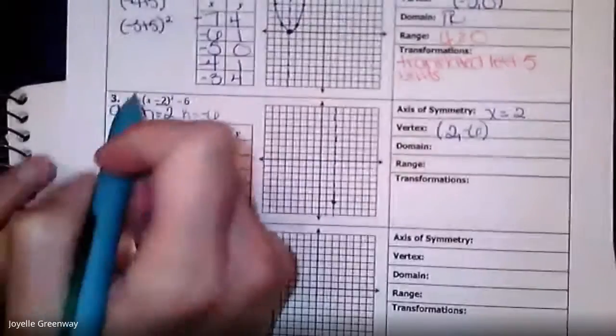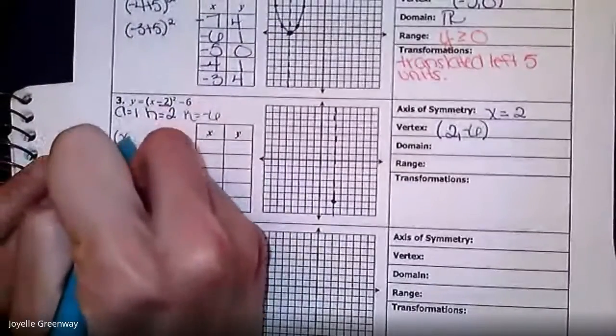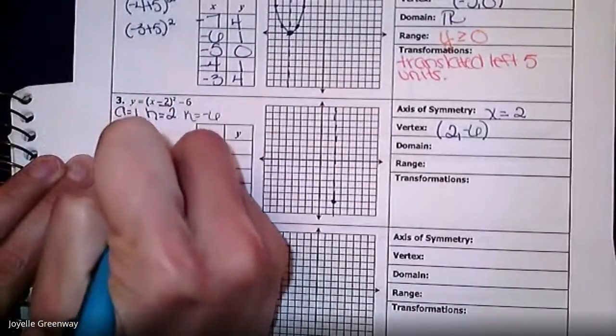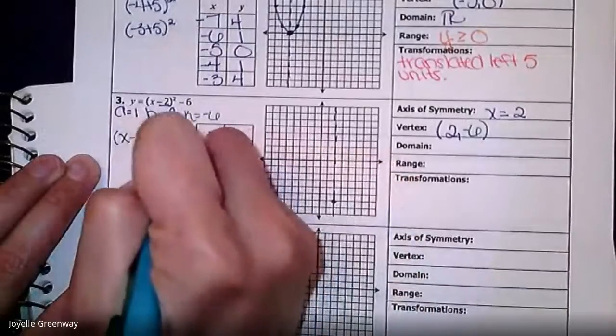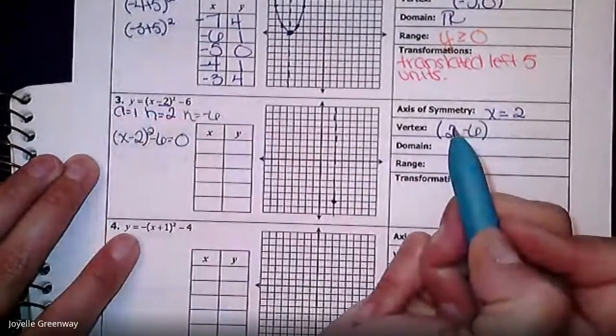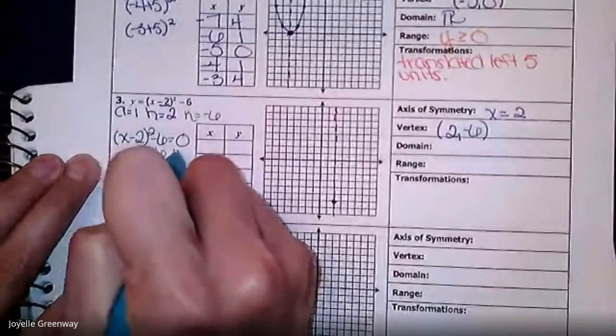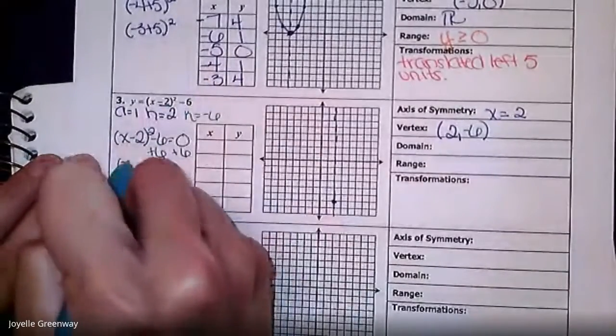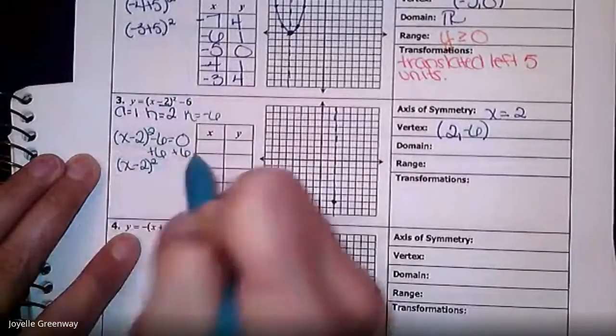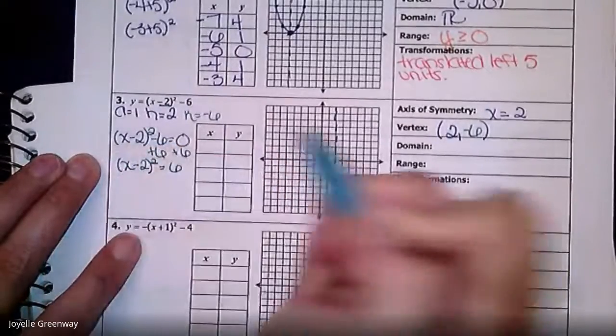So if we have x minus 2 squared minus 6, and I want to solve that, I set it equal to 0, right? So then I can add 6 to both sides. So then I have x minus 2 squared equals 6.